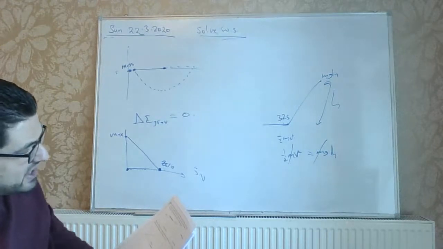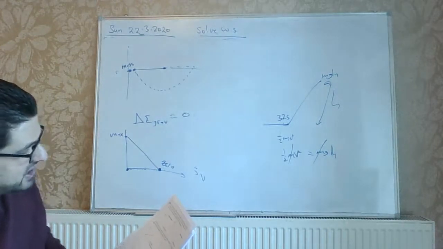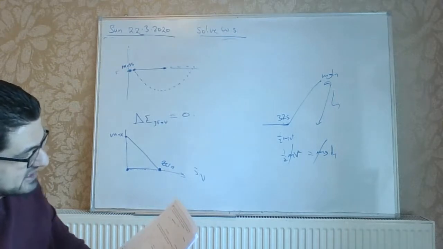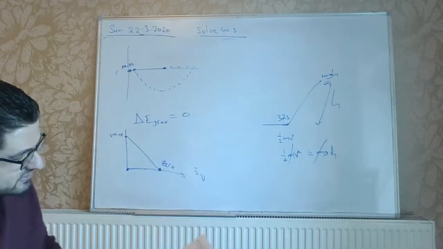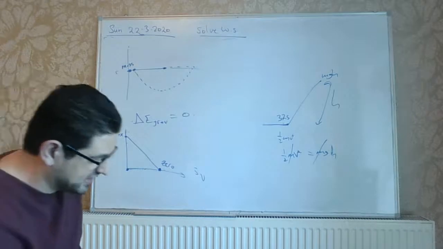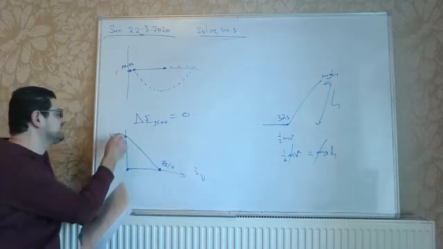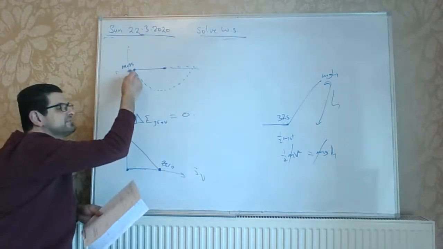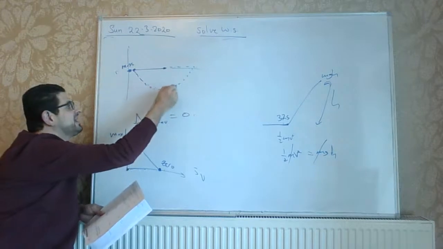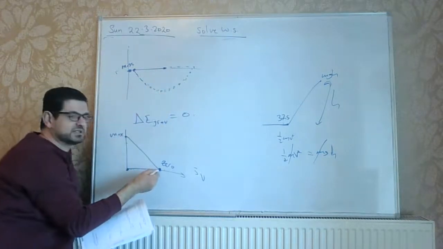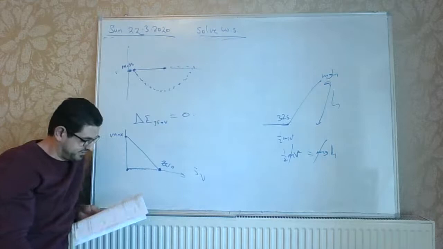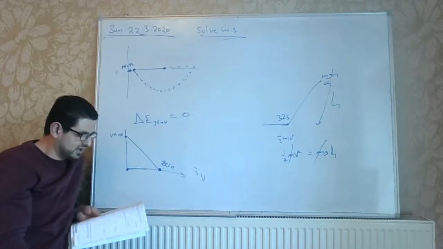Which of the following graphs shows the gravitational potential energy against the vertical displacement? The gravitational potential energy here starts at maximum, then it becomes zero here because it goes back to the same point. So the only one is B.